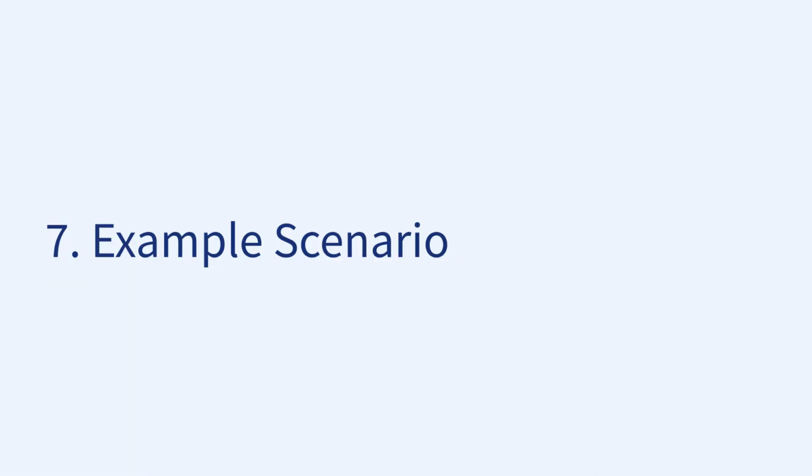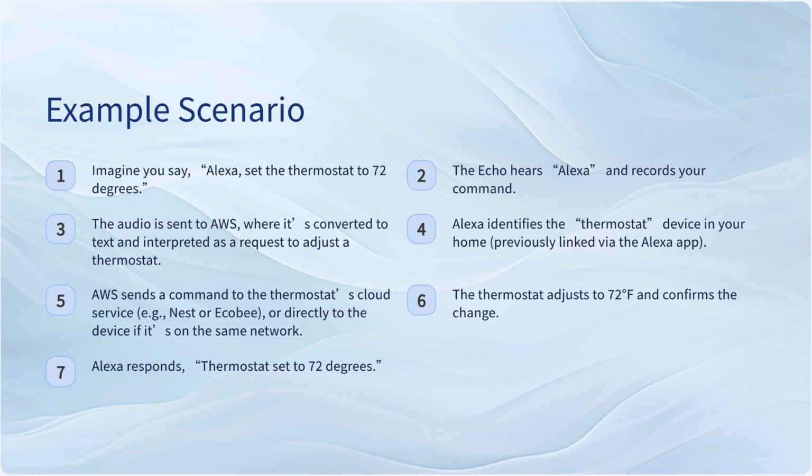7. Example scenario. Imagine you say, "Alexa, set the thermostat to 72 degrees." The Echo hears Alexa and records your command. The audio is sent to the cloud, where it's converted to text and interpreted as a request to adjust a thermostat.